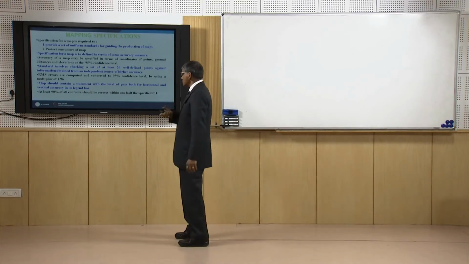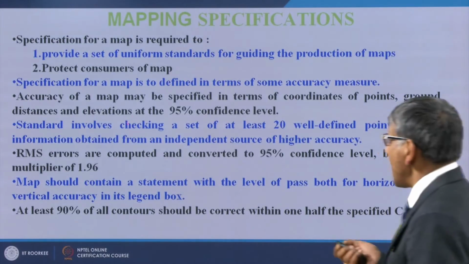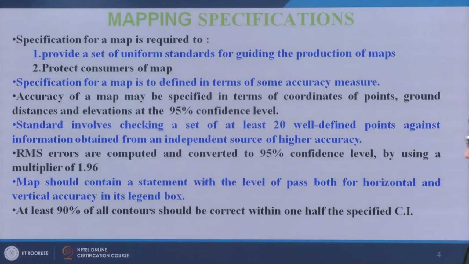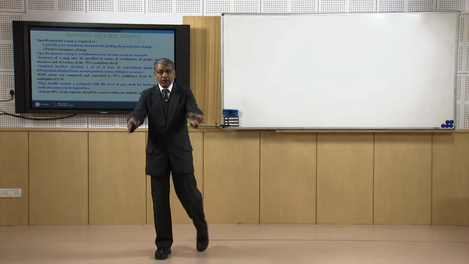So, those concepts we have to borrow and apply to find out the accuracy of the map elements, which are the coordinates of points, ground distance, and elevations. Now, to apply the 90% confidence level, what do we need to do?